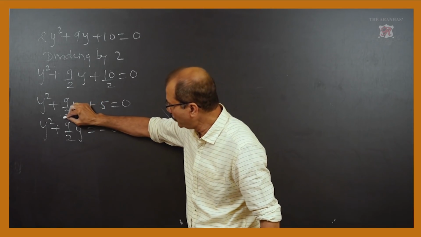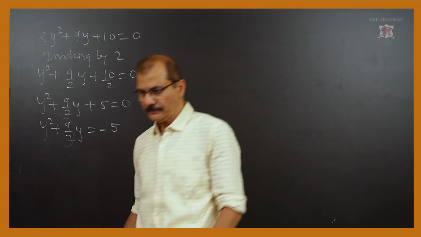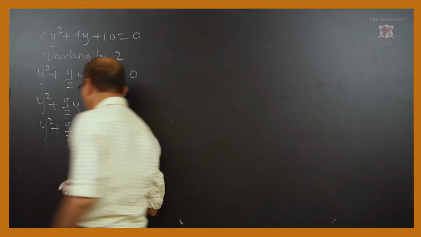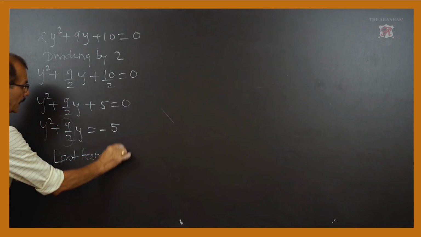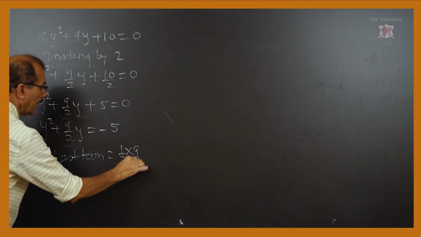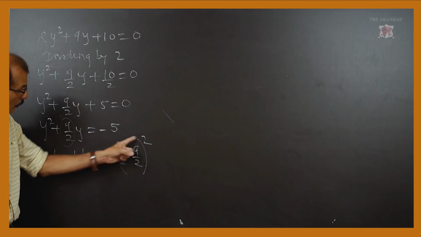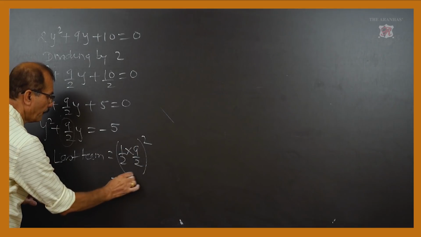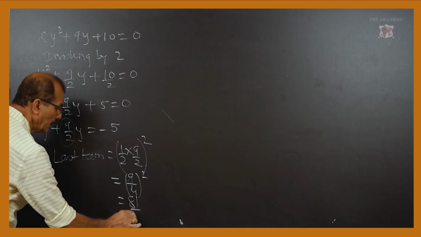You see what is the coefficient of this y term, right? So, here 9 by 2. So, last term is half into 9 by 2 bracket square, always I told you half into coefficient of y term, that is 9 by 2. So, that gives me 9 by 4 bracket square, which is 81 upon 16.